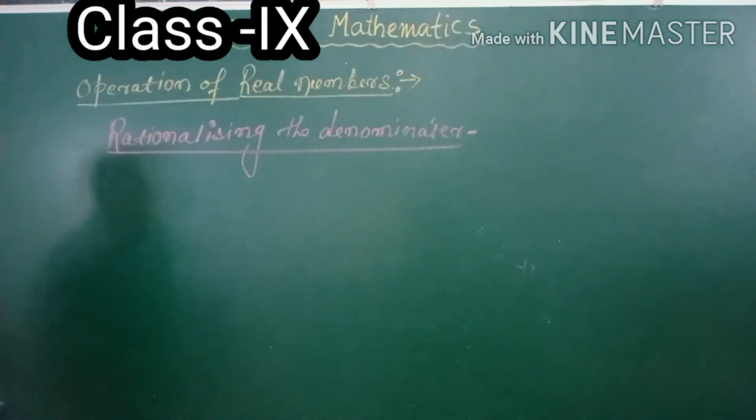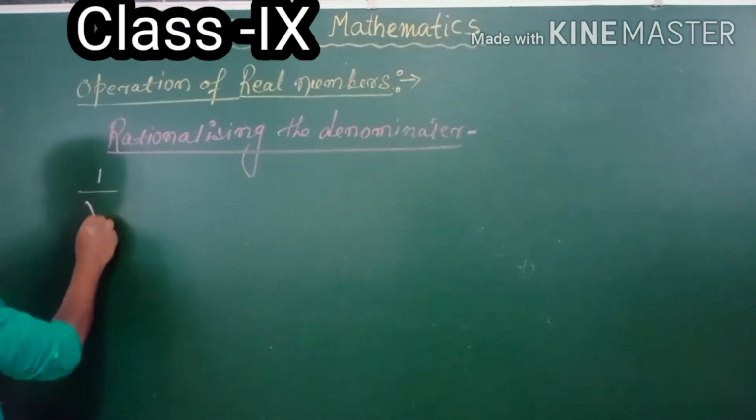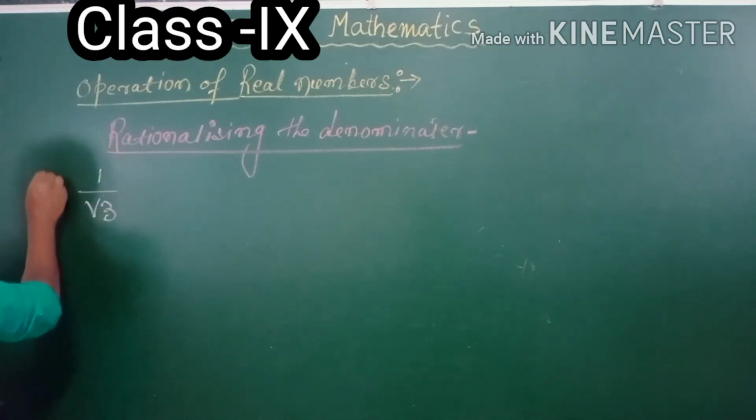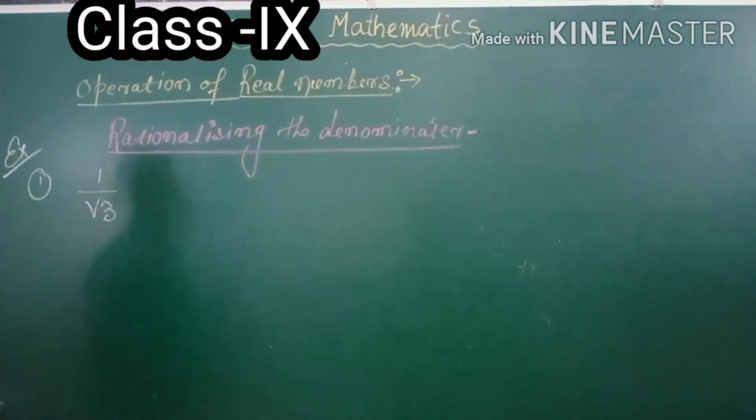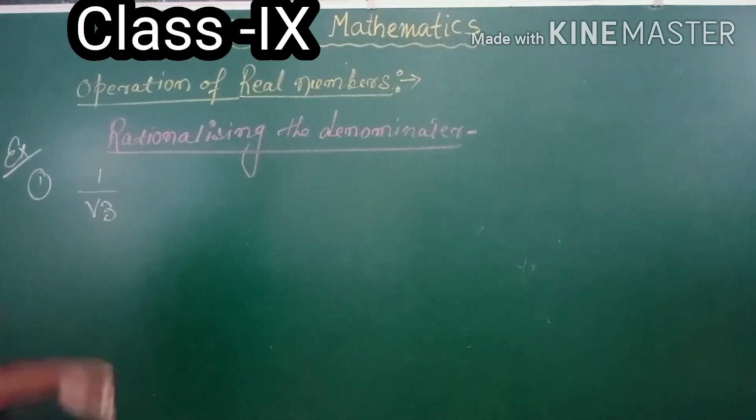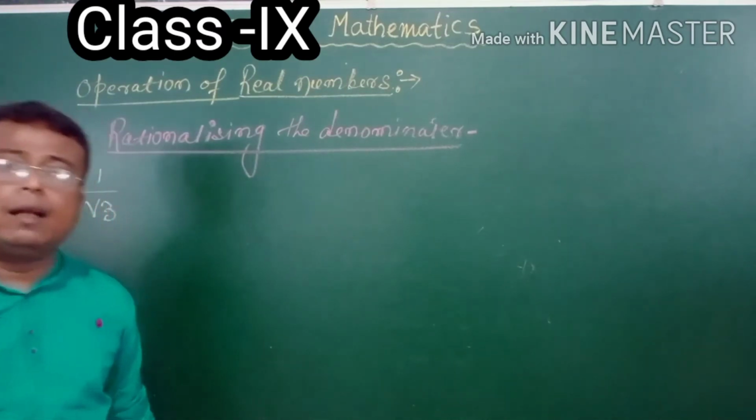Now, rationalizing of the denominator. Suppose here I am writing 1 by root 3. This is the first example I am giving. 1 by root 3. Now you see, in the denominator what is there? An irrational number is there.